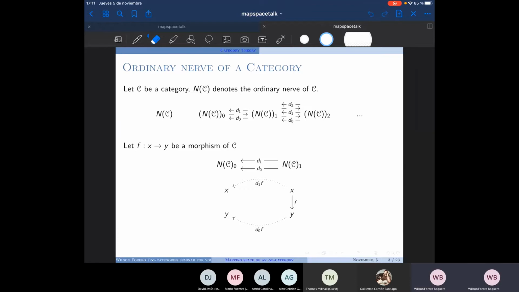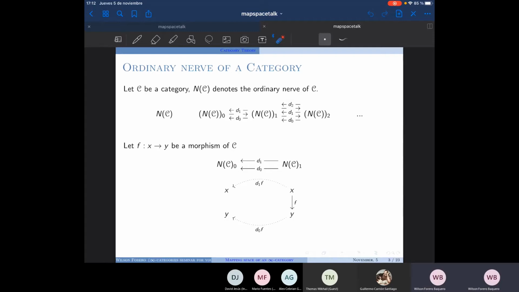When we have a category, the definition of a category says that given two objects, the morphisms between those objects form a set. So what this means is that when we consider the ordinary nerve of a category, we study two levels. Level 1 is the morphisms of the category, and level 0 are the objects of the category.